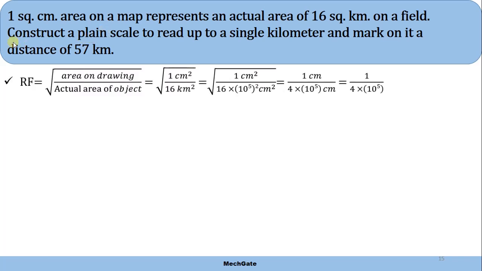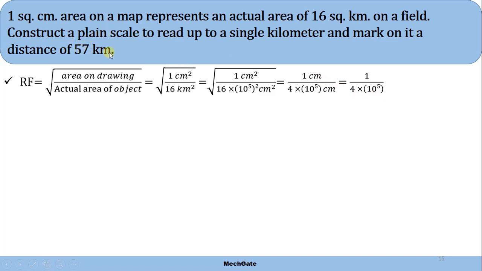Area on the drawing is 1 centimeter square, while the actual area of the object is 16 kilometers square. If we simplify this, we will get our RF as 1 upon 4 into 10 raised to 5, right?